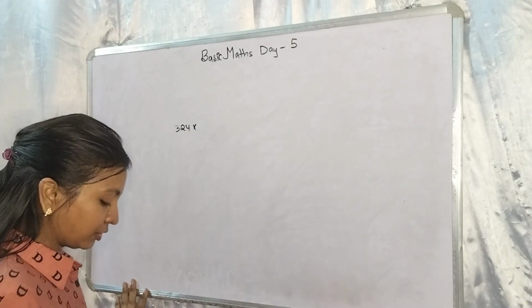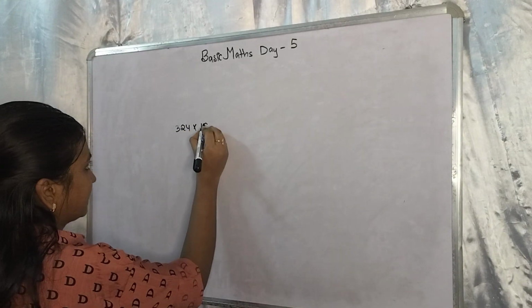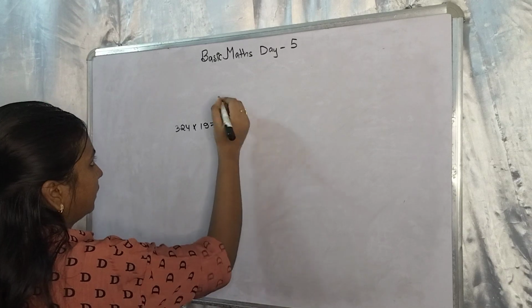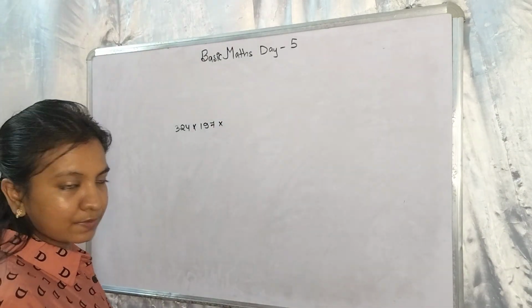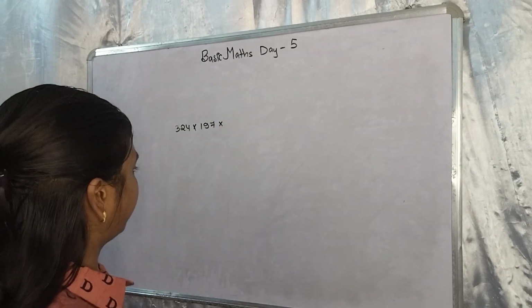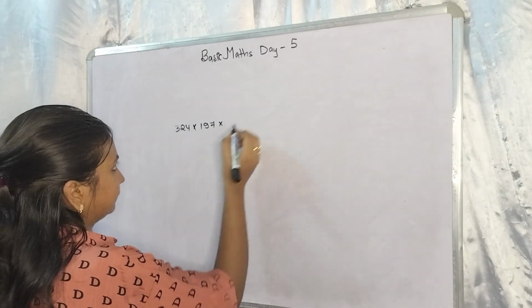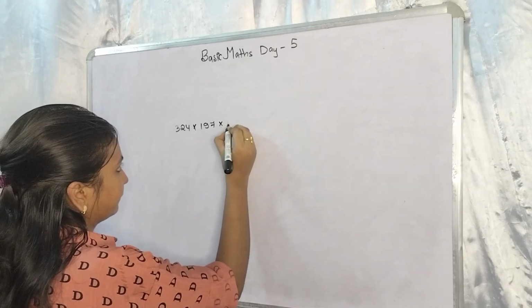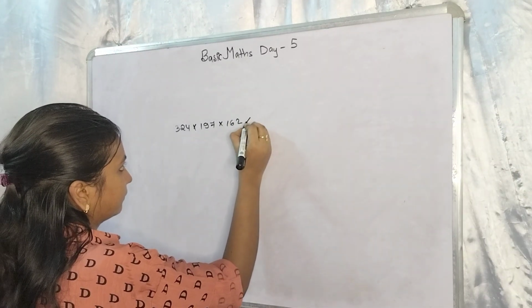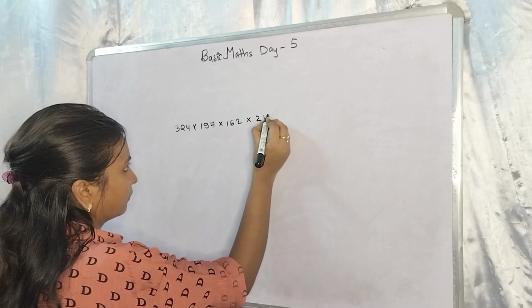For example, you are told to multiply these numbers, and you are given 4 options.